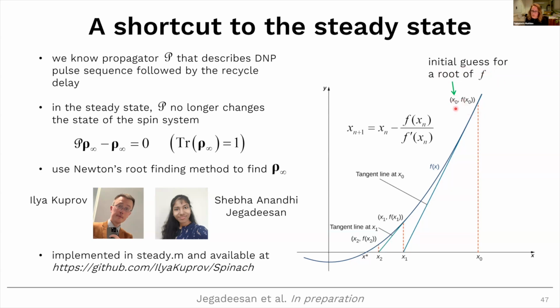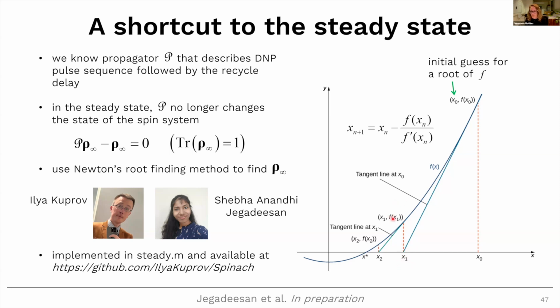So what you do is you start with a guess for the root, maybe call it x0. You calculate f of x0, and you calculate the derivative of f. That gives you this tangent line, and then you search for where this tangent line intersects the x-axis. I'm going to call that point x1, and I'm going to repeat the process.